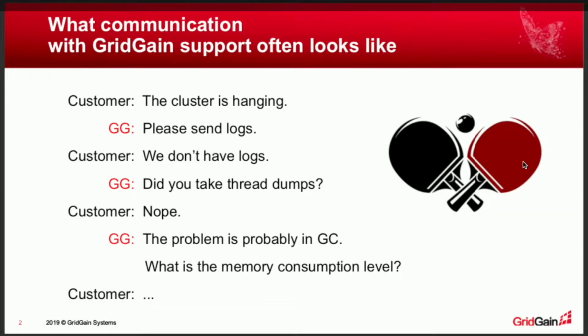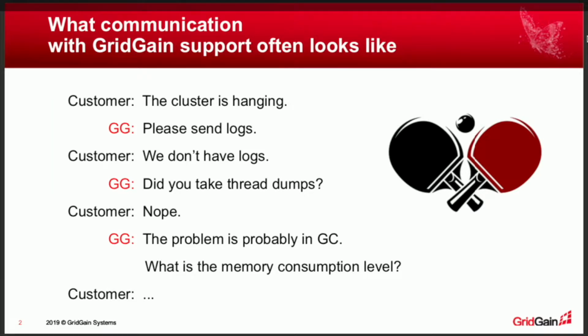So the interaction usually looks like this. First of all, we need some kind of information, so we usually start by asking for logs. Do you have any logs? Usually this is the kind of information that is available, but sometimes even this is not monitored and not available.